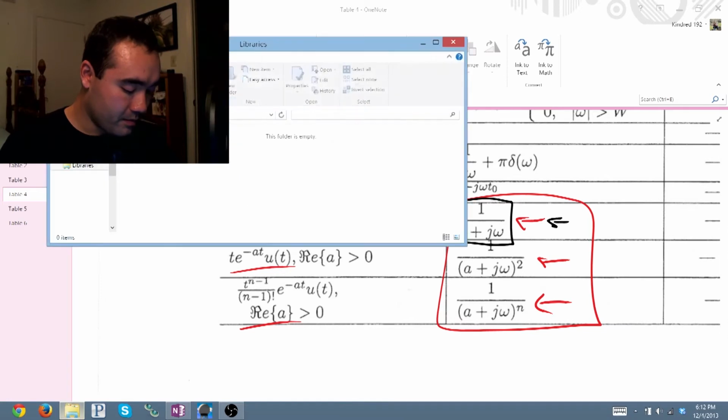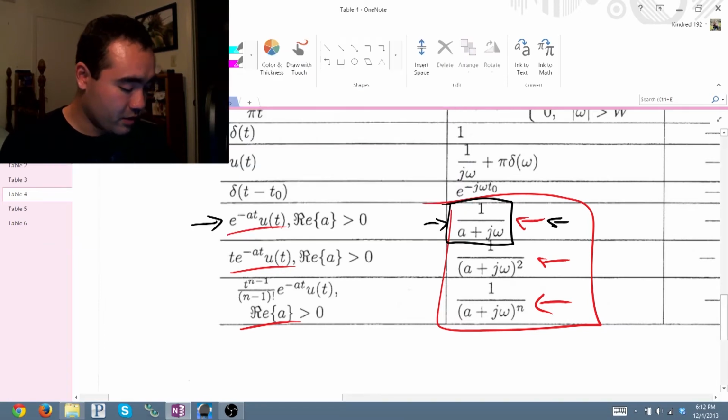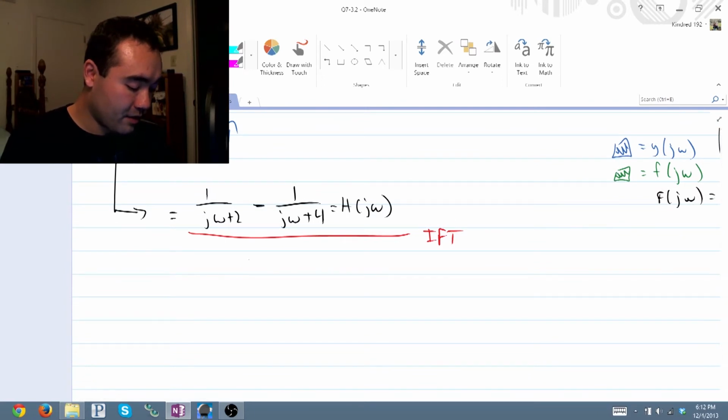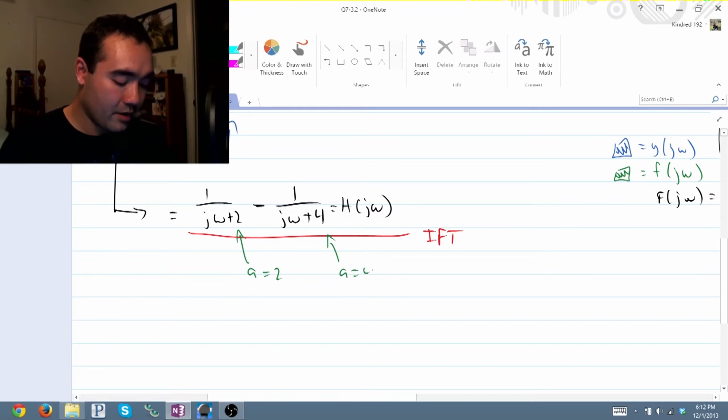So what we're going to do is go back over here. We can see that in the case of this expression, a is equal to 2, a is equal to 4, right? These are all to the first power, which is going to be important later.